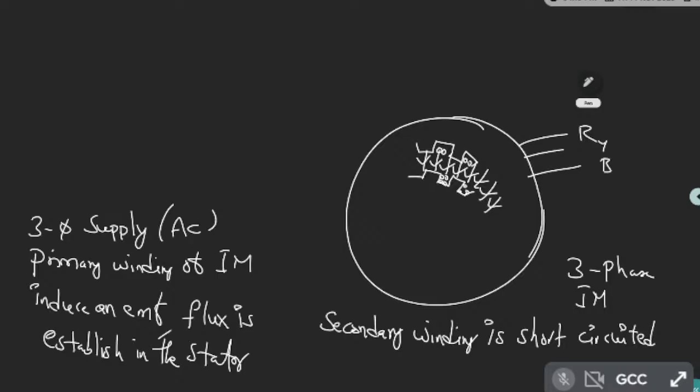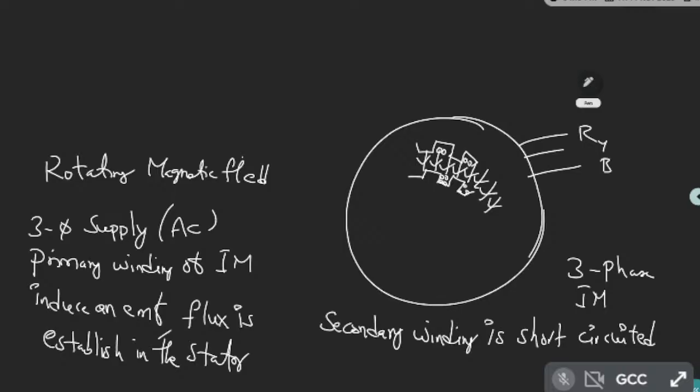It is a three-phase winding which is 120 degrees apart. So the flux established in the three-phase induction motor is a rotating magnetic field. The flux established because of the primary winding of the induction motor will rotate.